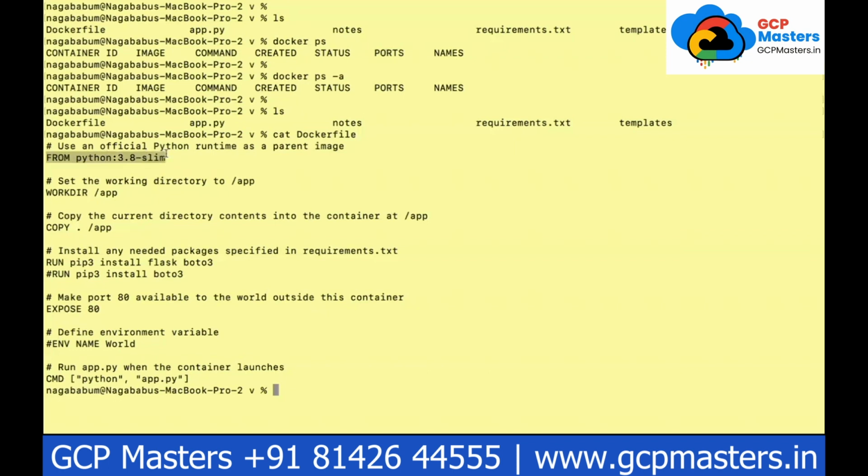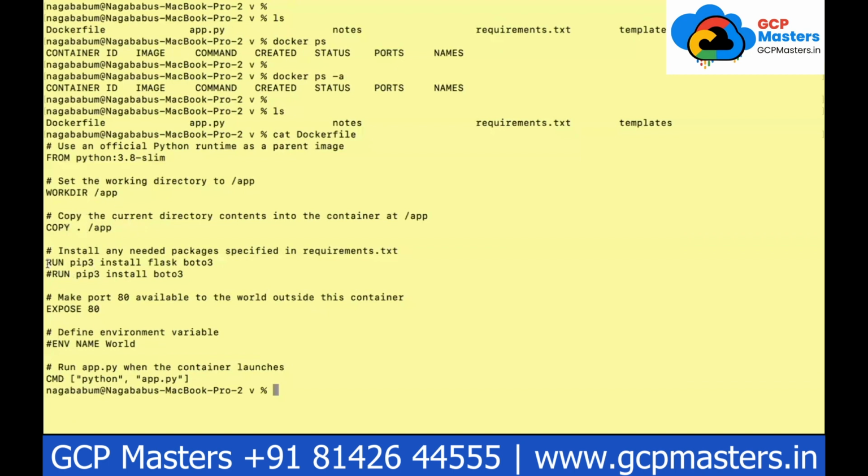This OS will get downloaded, and after that you are setting up the actual working directory. Basically, a directory /app will be created in that container image, and you are going to copy all of its contents, whatever it contains, the Dockerfile, everything, from this folder to the /app directory.